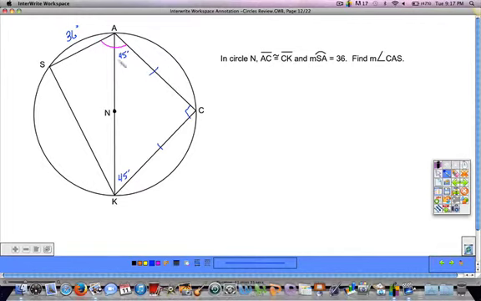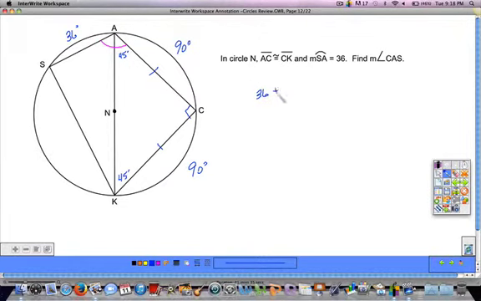Okay, if that's 90, and these two are congruent, that means we must have a 45-45 triangle. So if we've got a 45-45, that's an inscribed angle, cuts A to C, so that must be 90 degrees. Same thing here. If that's 45, it goes to K and to C, so over here is also 90 degrees. So I've got all the way around the circle except SK.